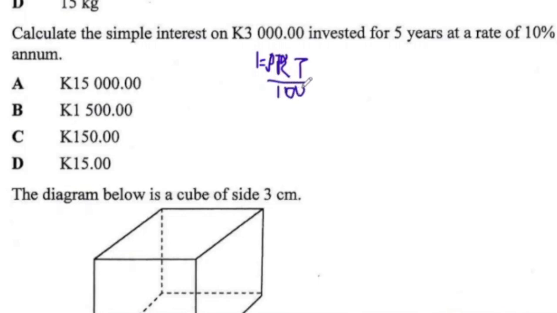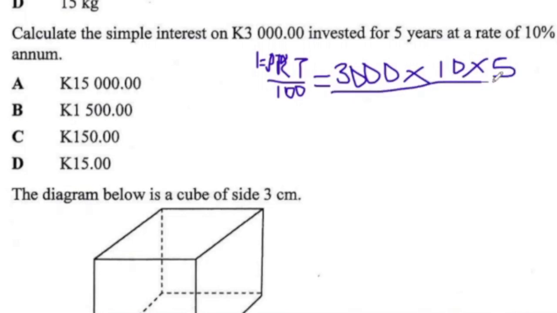This 100 is coming from percent. Percent is out of 100. So we're going to say equal to, what is the principal? The principal is 3,000, times what is the rate? The rate is 10%. What is the time? Time is 5 years. Remember, time is always calculated in years, so we say all that over 100.